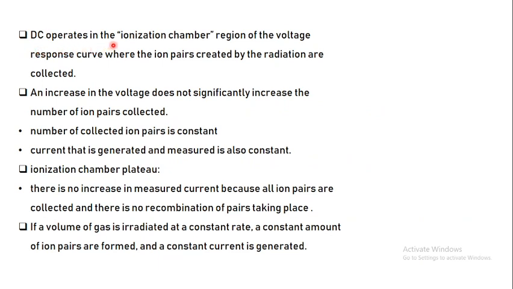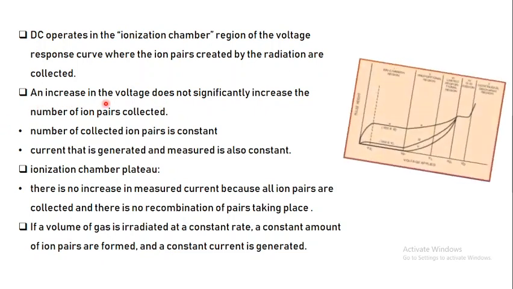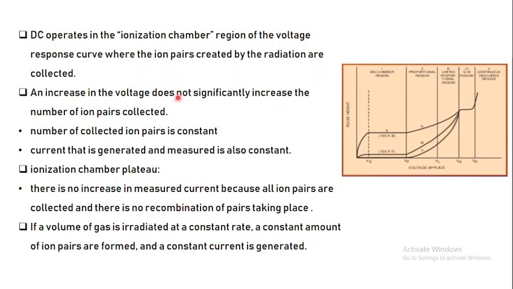The dose calibrator operates in the ionization chamber region of the voltage response curve, where the ion pairs created by the radiation are collected. An increase in the voltage does not significantly increase the number of ion pairs collected. Yes, because we are discussing the dose calibrator in the region of the ionization chamber.